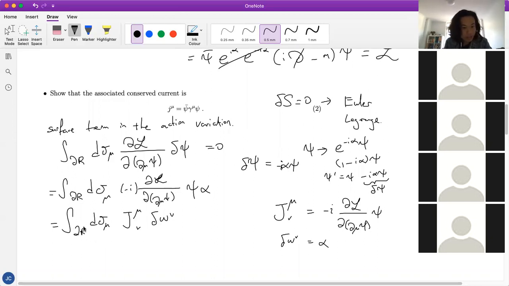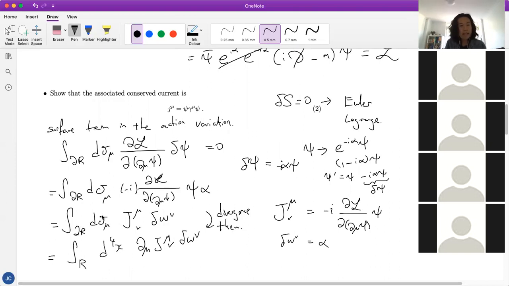Okay, so now with this, this is a surface term, and this has to vanish. And I'm just going to first rewrite this as the integral d⁴x ∂_μ j^μ_ν δω^ν. So going from this step to this step is just using the divergence theorem. So I take a surface integral, and I say, okay, whatever's on the surface has to be what is actually leaving the volume.